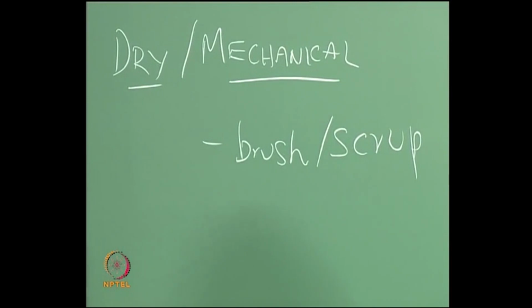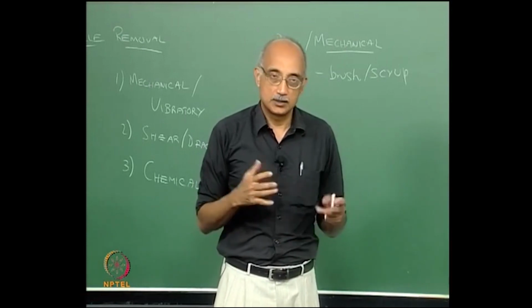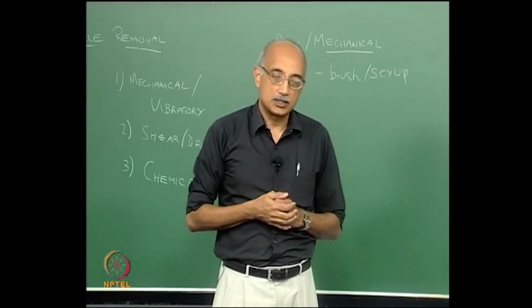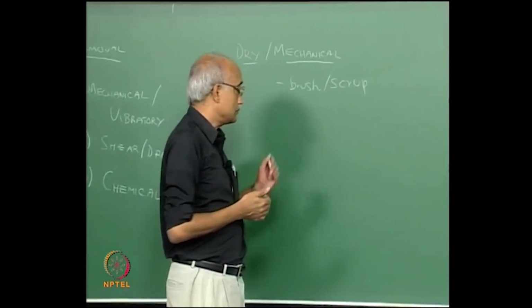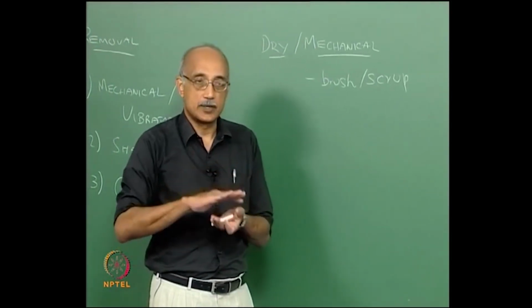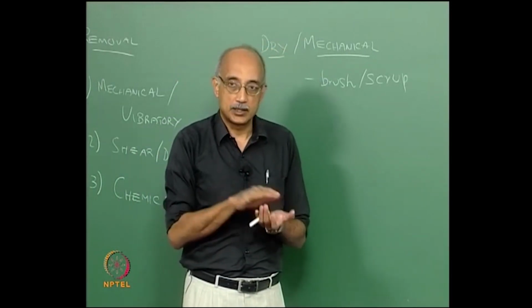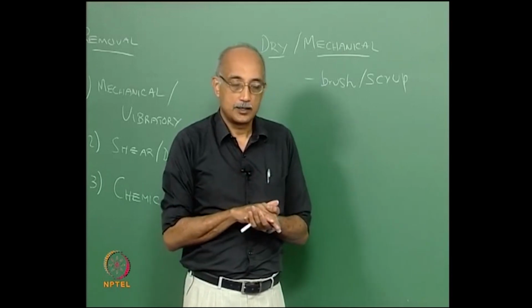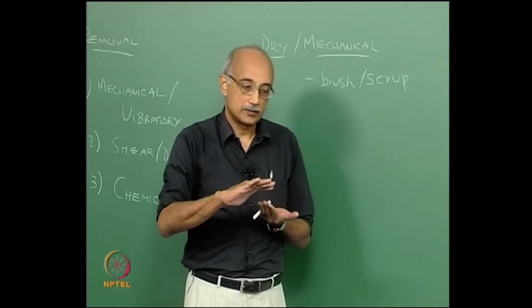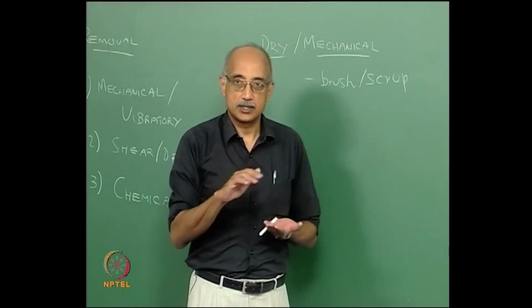So, if you see some dirt on a surface, you can basically take a scrub or a brush and just run it over the surface until the contamination that you see is removed. Brushing is a process that essentially uses an abrasive mechanism. You bring one solid surface in contact with another solid surface and impart a motion that essentially abrades any material that is sitting on the surface.